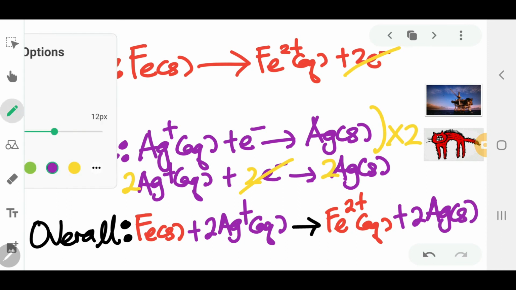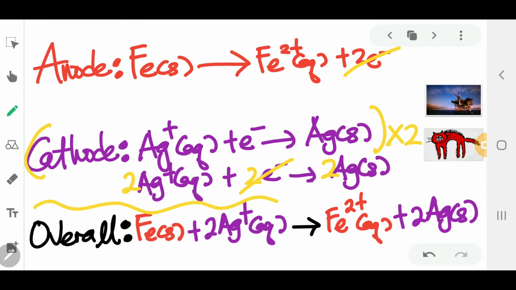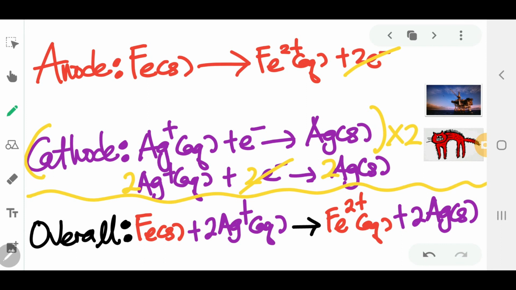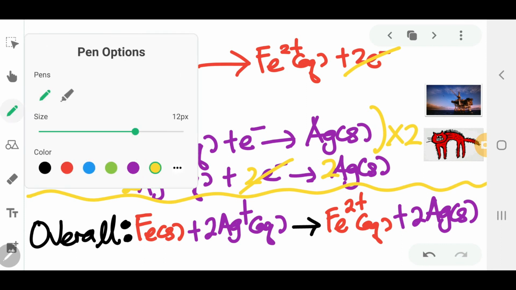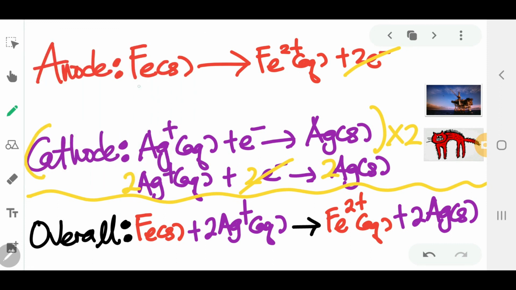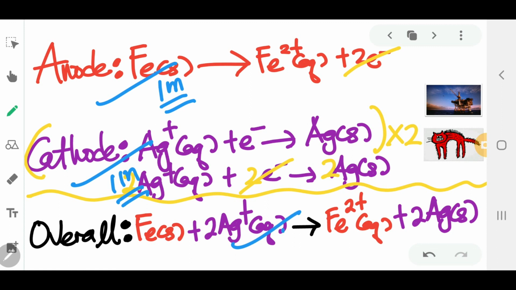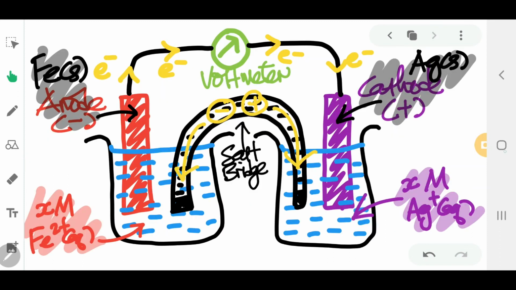So this is the overall cell reaction. Again, by writing the correct half-cell for the anode, you have 1 mark. For the cathode, you have 1 mark. And for writing the overall cell reaction, you will have another 1 mark. If you want to draw this in terms of a galvanic cell, you can have it drawn in that format.